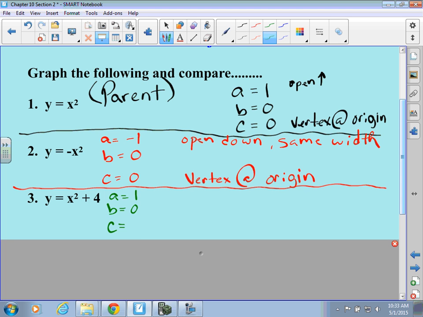So how is this thing going to open? It's going to open up. Why? Because it's a positive number. And what do I know about the width? Same width. And what about the c? What is it going to do to my parabola? Shift up how many?